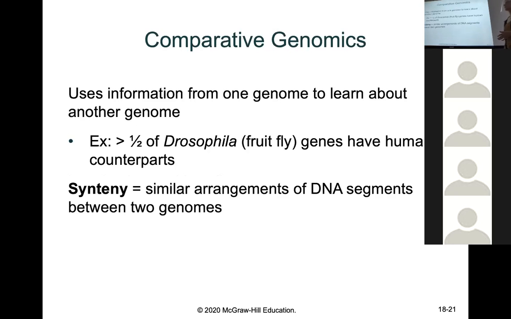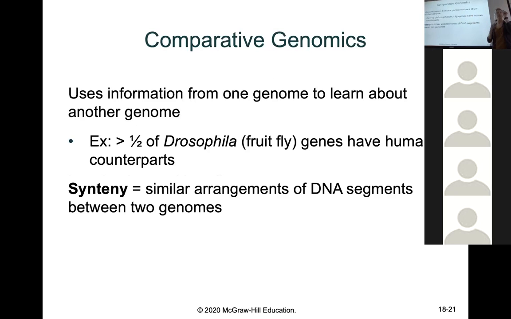Genomics is typically divided into sort of two different subfields. So you have the comparative side and the functional side. They are exactly what they sound like. So comparative genomics compares genomes between species. So about half of the genes between humans and fruit flies are 50% similar, which is kind of crazy.